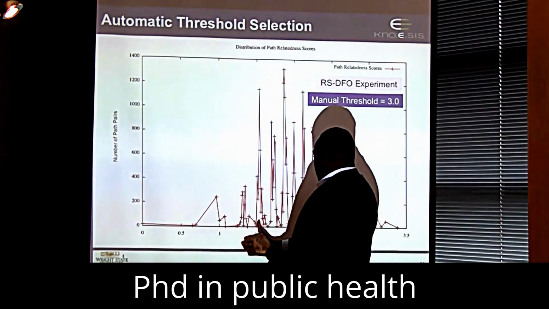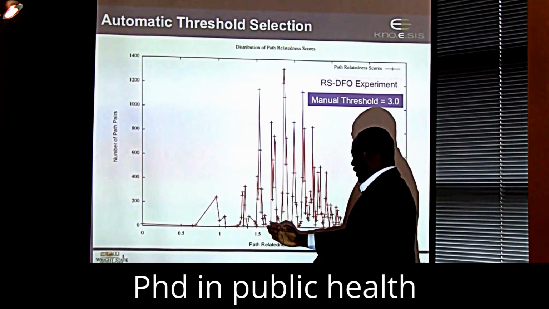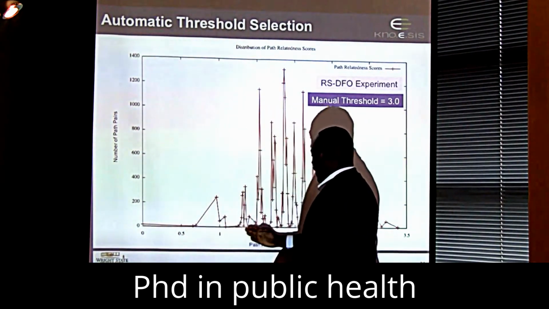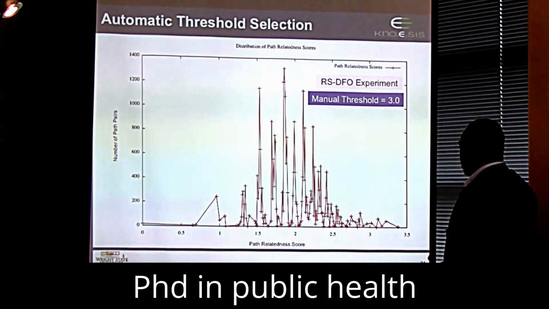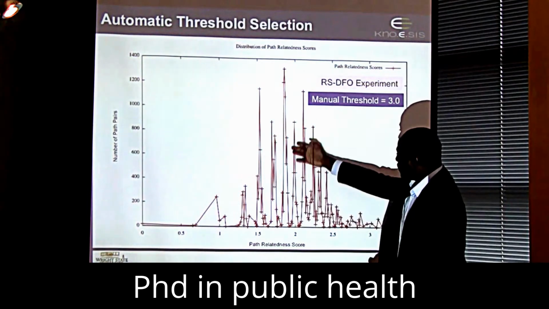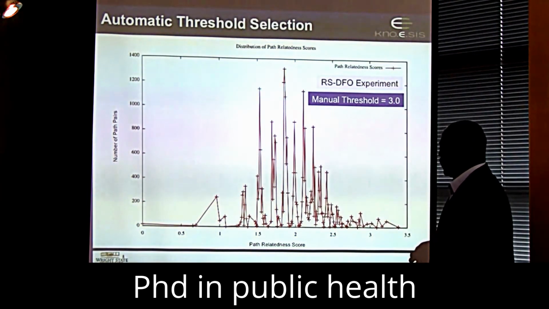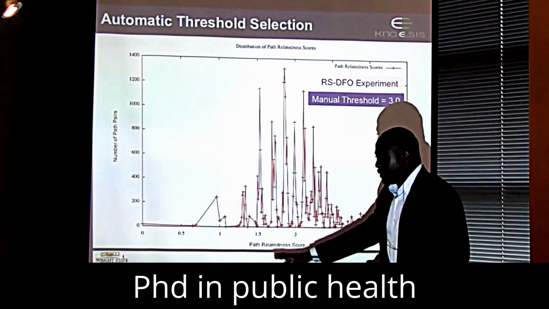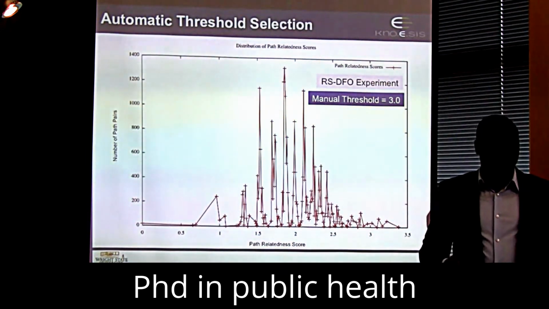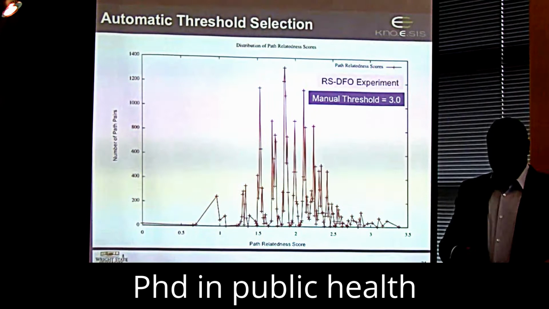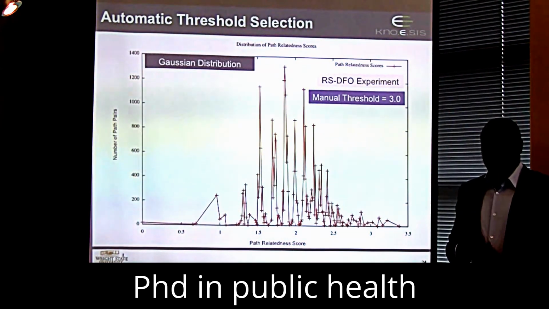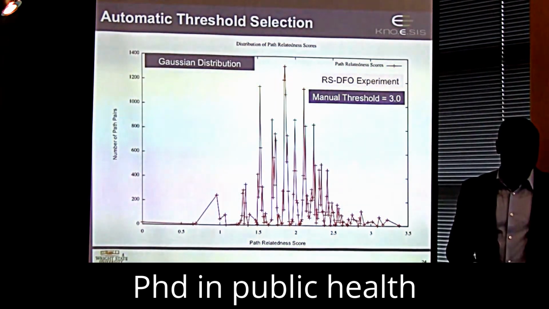What we're seeing is that less than 1.5, let's say, there's not that many path pairs. Above 2.5, there's not that many path pairs. But around this value of 1.75, there are many path pairs to the left and to the right on either side of the mean. And for those of us who know our statistics, this is reminiscent of a Gaussian or normal distribution.